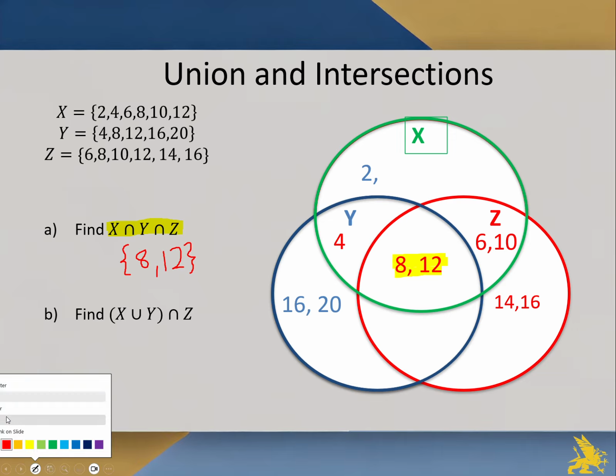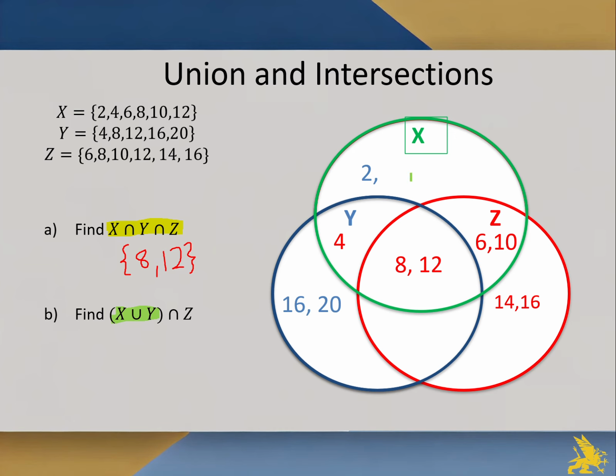Okay, let's erase just this part so I can do the next question. So we don't get confused, I'm going to change color now and do it as a green highlighter. First thing I'm going to look for is that first part, X union Y. The union part means this or that.